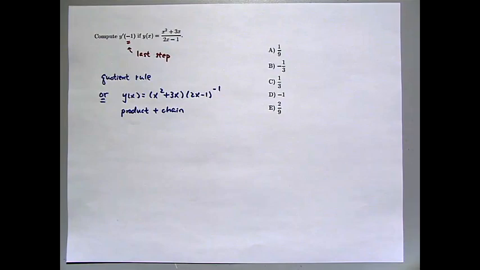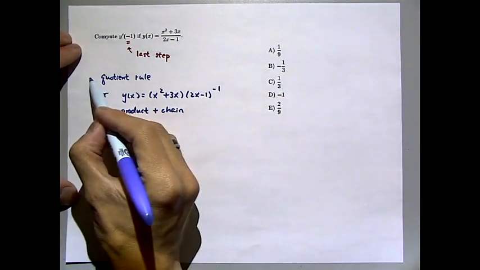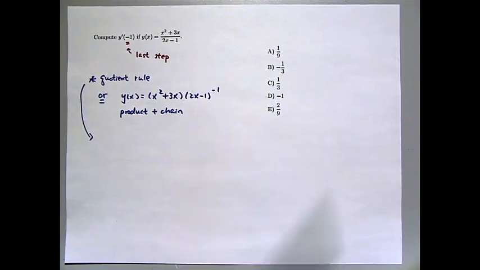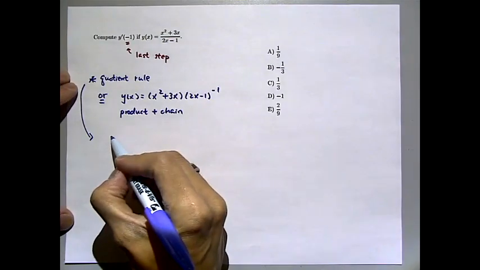But for this problem right here, it's easier to go with the quotient rule. It's more direct. This one's not bad, but it's a little bit less direct than the quotient rule. Okay, so let's use the quotient rule.